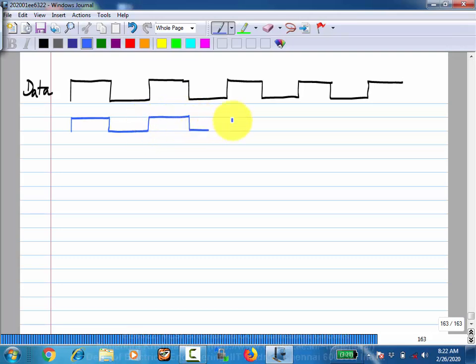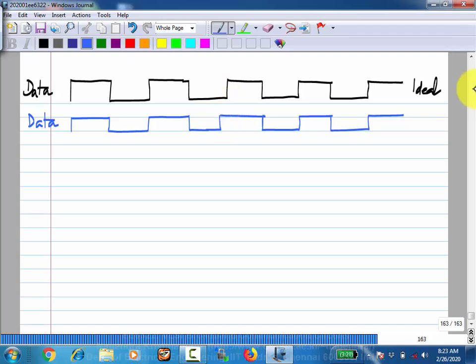The transition instants are the same as this, and let's say for a particular transition it happens earlier, but after that the transition instants are again aligned with the original. This is the first one, the ideal case, and this is another data in which only one of the edges is moved, all the other edges are aligned to the ideal case.